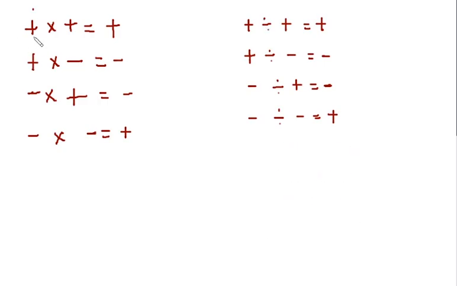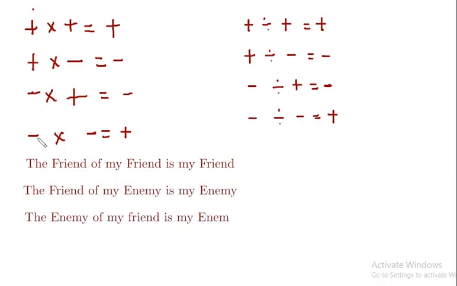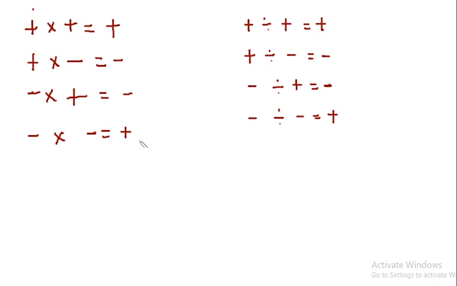These statements would become: the friend of my friend is my friend. The friend of my enemy is my enemy. The enemy of my friend is my enemy. The enemy of my enemy is my friend. So logically, that is how you can remember the rules of signs.